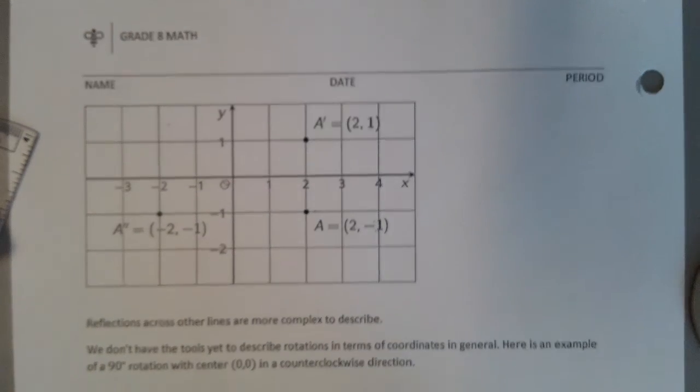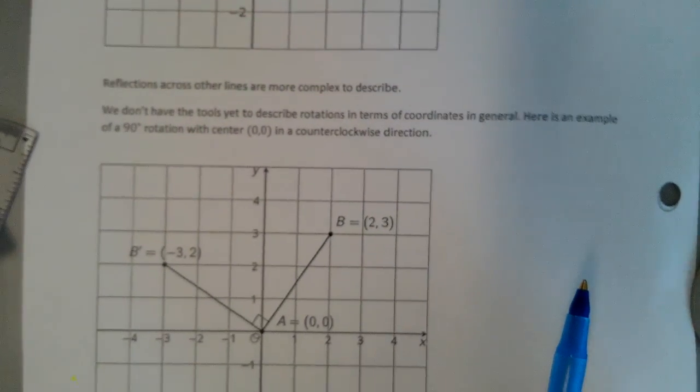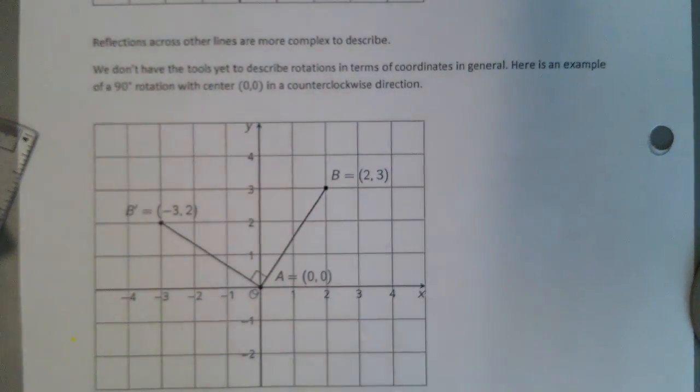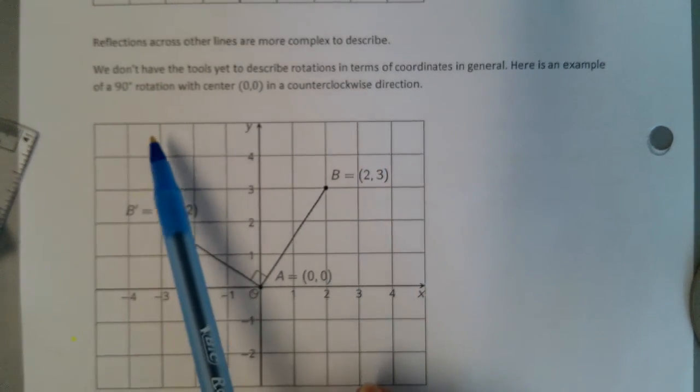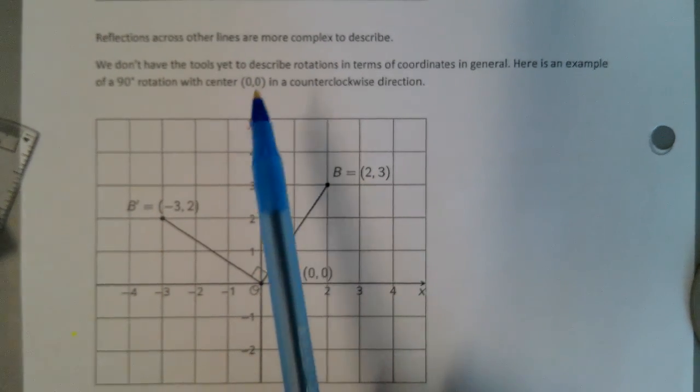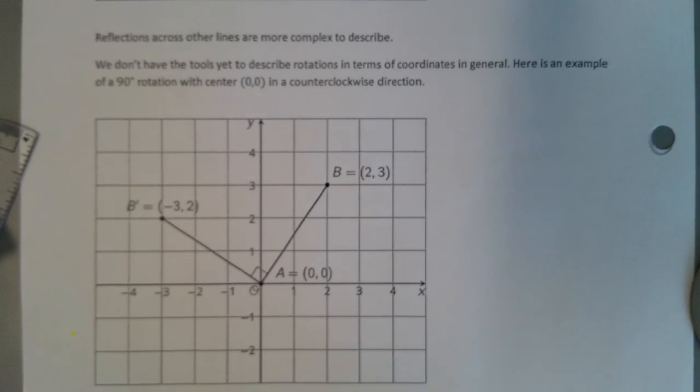We also talked a little bit about a rotation. We don't have all the tools that we need to be able to describe rotations in perfect order as far as on a coordinate plane, but we're going to be getting there. What we do know how to do still is we do know how to rotate 90 degrees around center 0, 0. Again, 90-degree rotations, we can use a compass or a protractor.